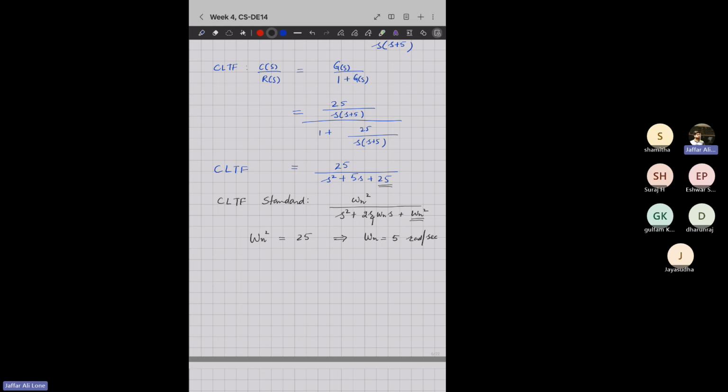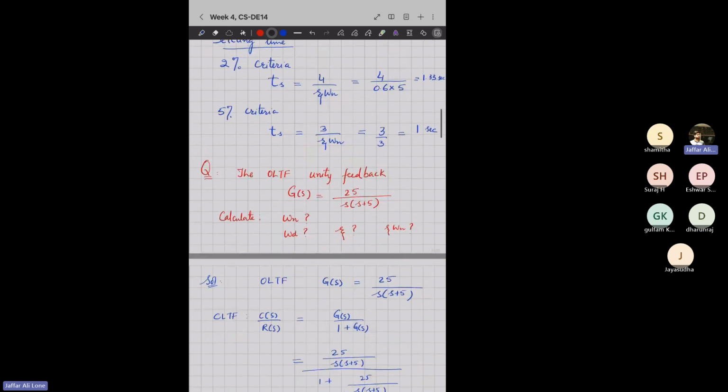What is my 2 zeta omega n? Compare these. My 2 zeta omega n is equal to 5. I know my omega n is 5. So 2 zeta into 5 is equal to 5. This and this go. My zeta is 1 by 2, or 0.5.